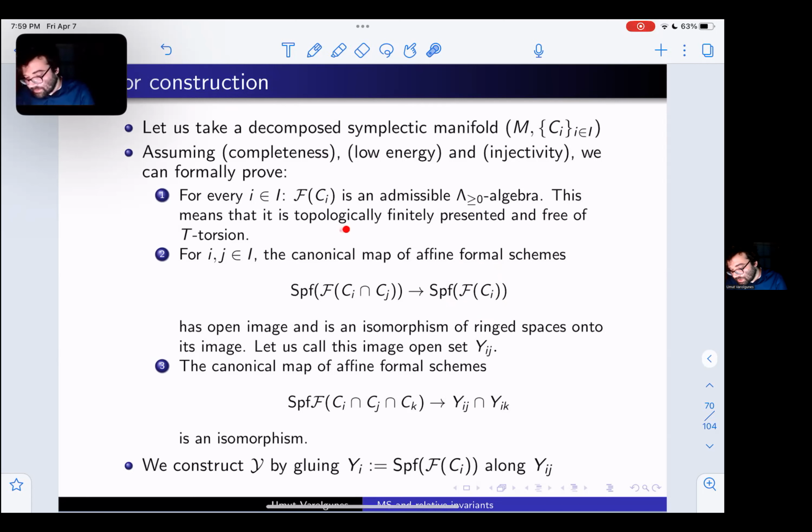Then this topologically finitely presented condition tells you that it's actually an affinoid algebra. So you can take this Berkovich spectrum, and then you can glue those. These localization maps correspond to affinoid subdomains and so on. So you could immediately just construct the Berkovich space.